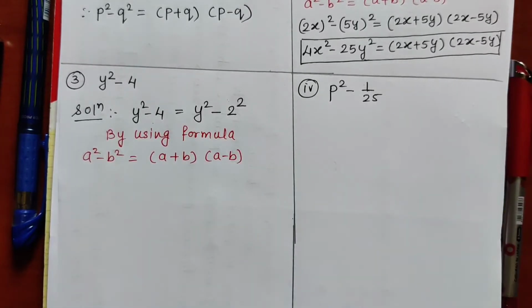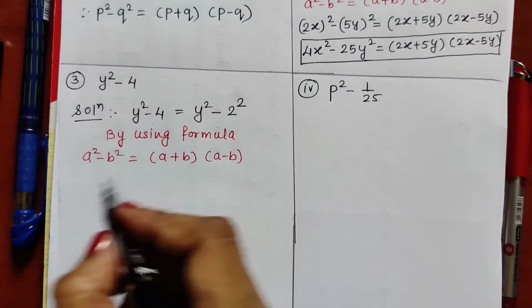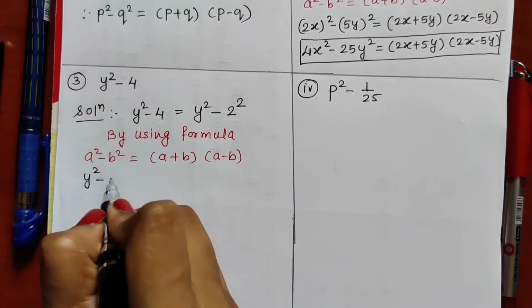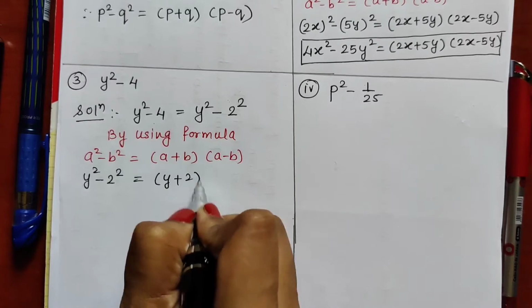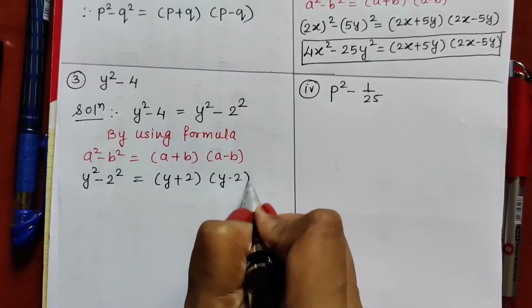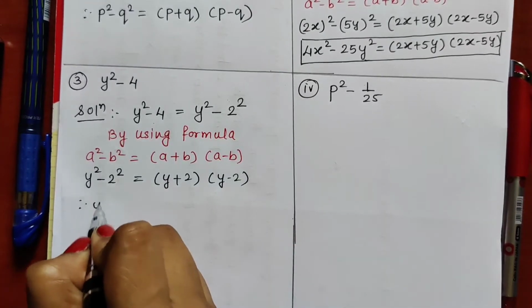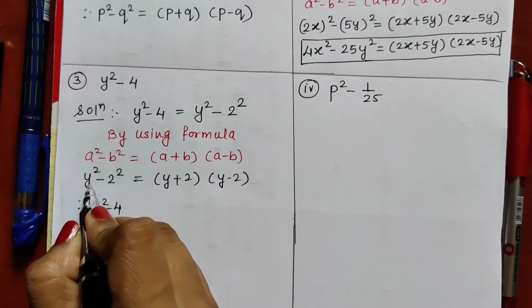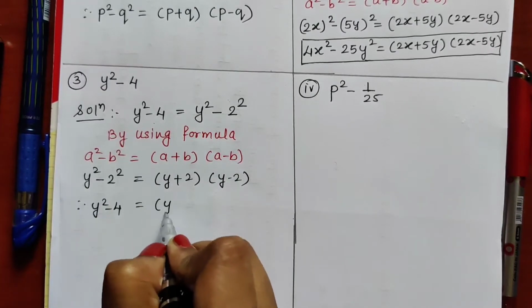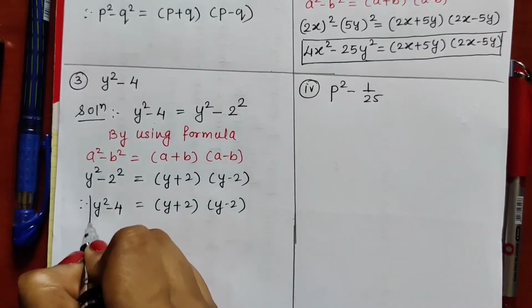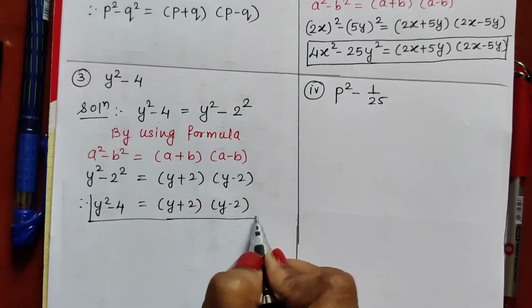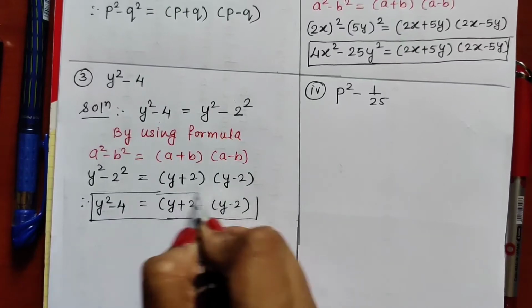Now we will apply the formula to this binomial y square minus 2 square, which is equal to (y plus 2) in the first bracket and (y minus 2) in the second bracket. So therefore y square minus 4 is equal to (y plus 2) and (y minus 2). In this way we can write the factors of y square minus 4.